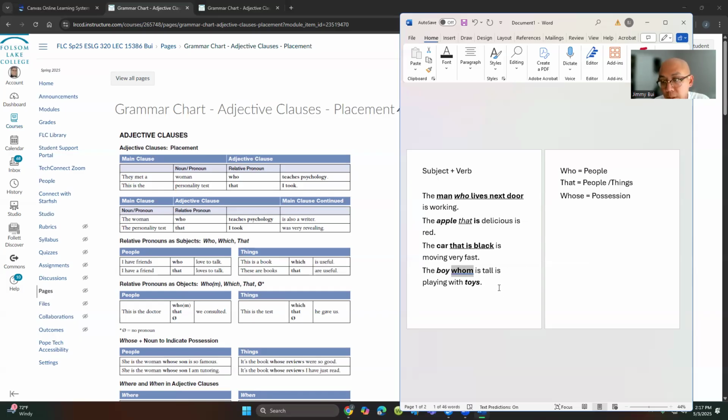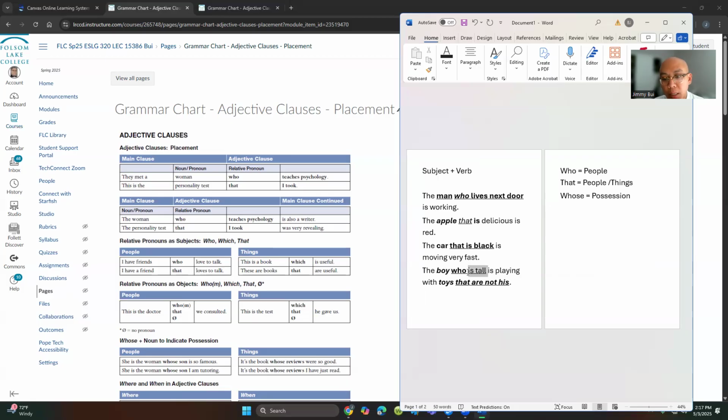Whom can be used for an adjective clause, and this is more formal than who. The boy who is tall is playing with toys that are not his. Okay, and so more information is what the adjective clause is doing here. Gives us more information about boy, toys.